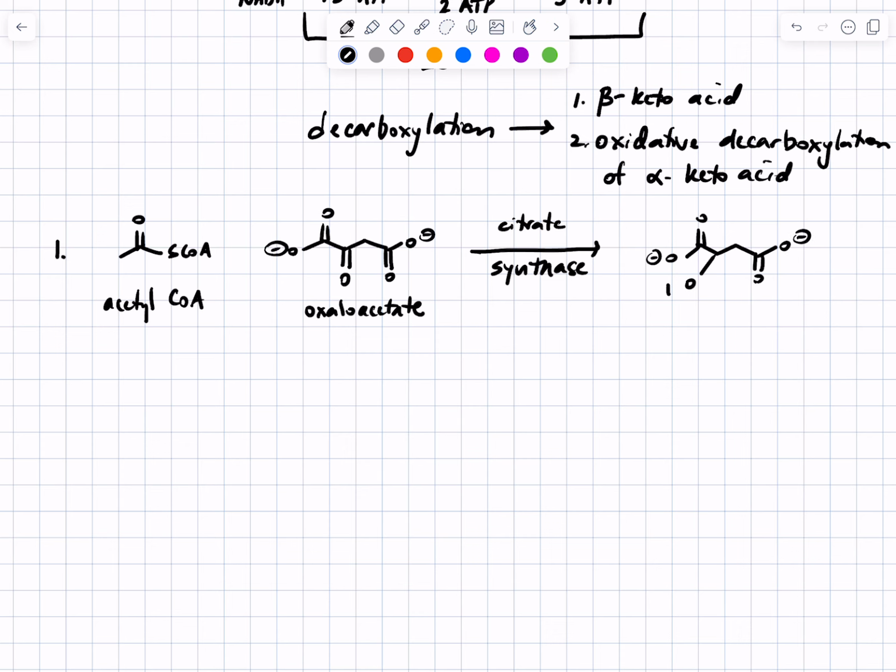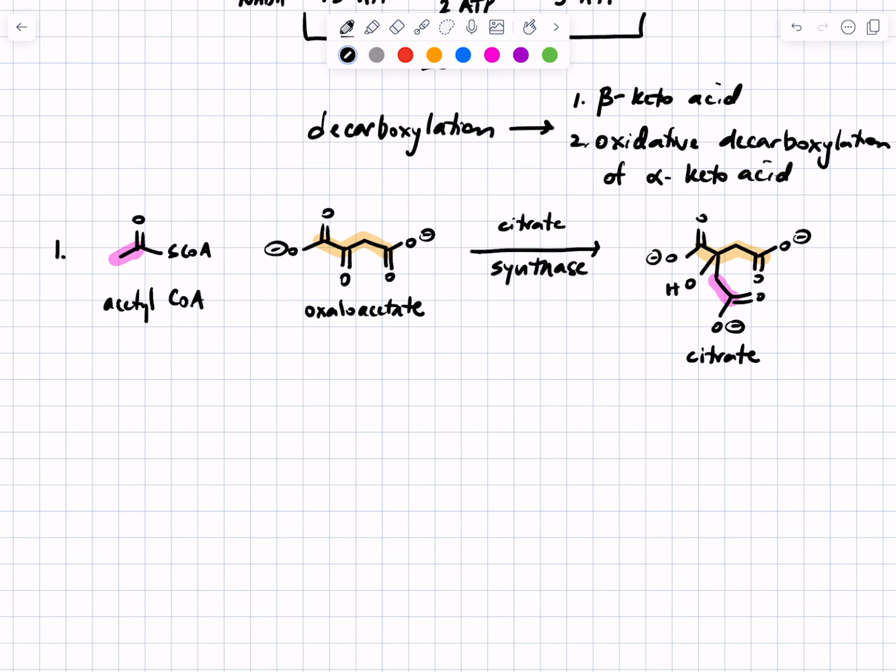Here's an OH group, and then here's 2 new carbons, and this is called citrate or citric acid. Here, for now, we'll just label the 4 carbons from oxaloacetate and the 2 carbons from acetyl-CoA, and that's citrate.